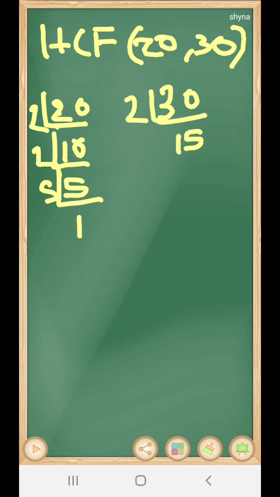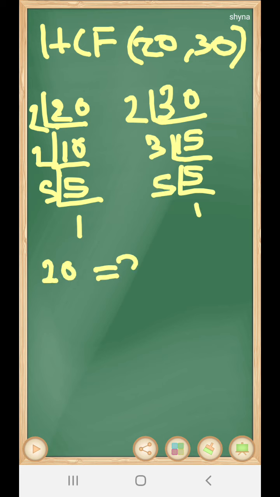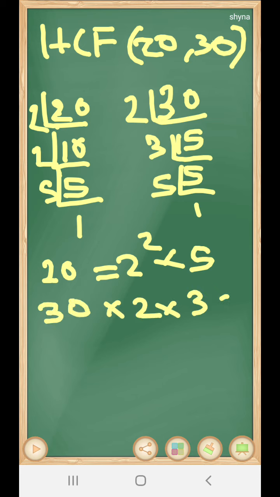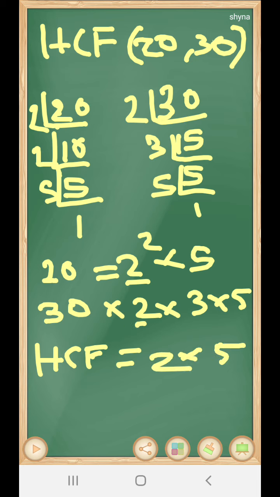Simple thing we are discussing here. Very simple concepts. 20 is 2 square into 5. 30 is 2 into 3 into 5. So HCF equal to, with minimum power, 2 into 5 equal to 10.